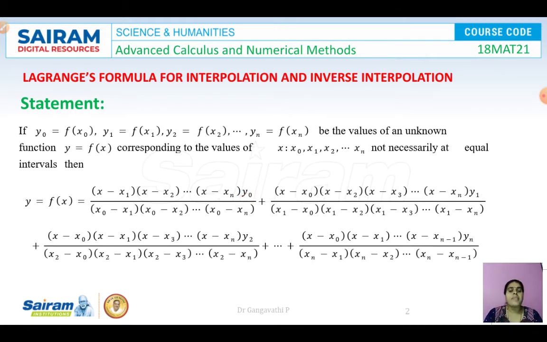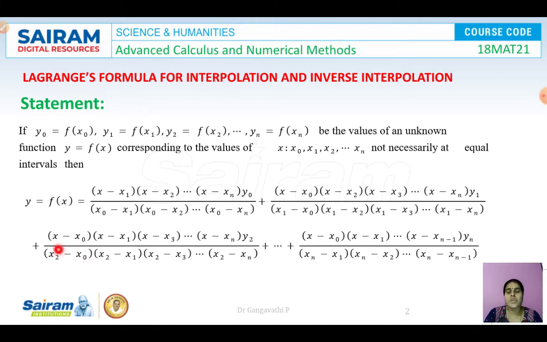Remember that. And the second term is x minus x naught, which was not there in the first term, but is there here. And x minus x1 is missing because it is the second term where y1 is multiplied, and the entire term is x minus x naught into x minus x2, x minus x3 and so on, x minus xn into y1, the second term of y, by x1 minus x naught, x1 minus x2, x1 minus x3 and so on, x1 minus xn.